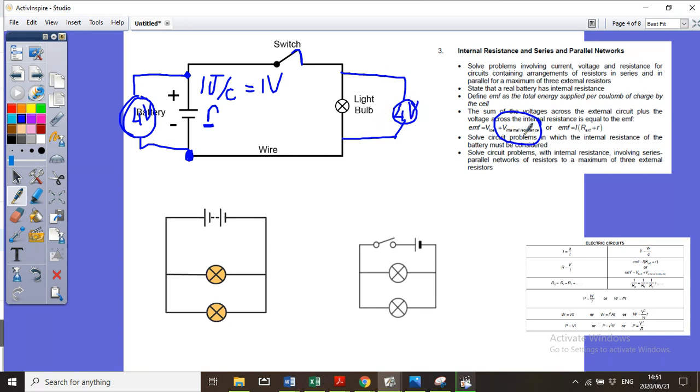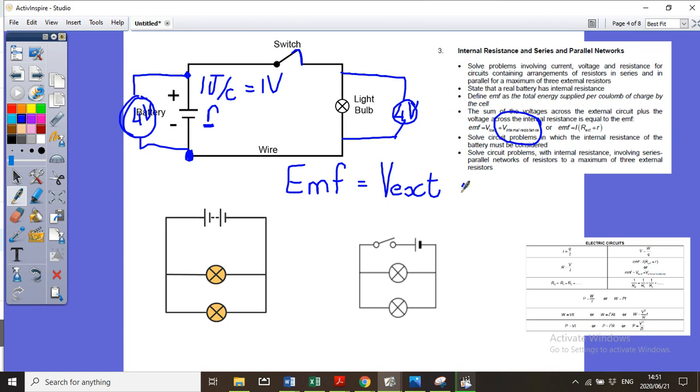So that's where this equation comes from. The EMF is the total amount of energy that the battery can possibly give. But then sometimes that is equal to V external. That could be equal to V external if there is no internal resistance.